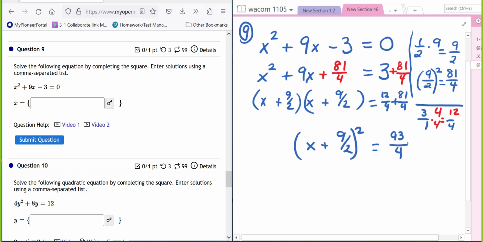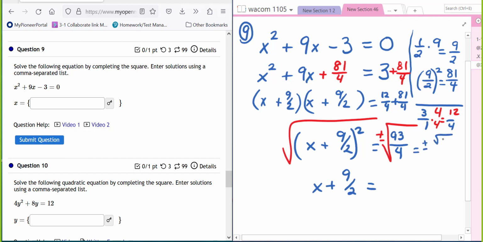So I'm going to do the square root of both sides. This side will take your exponent off. This side, I'm going to go a little bit more out here. So my radical will go with the numerator and with the denominator. My denominator is a perfect square, so I can put that much back.